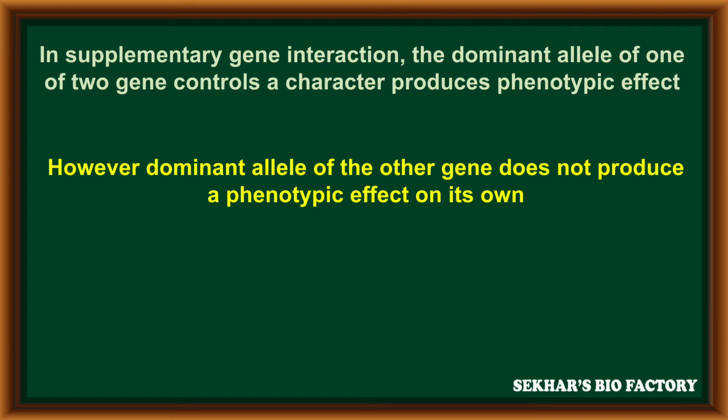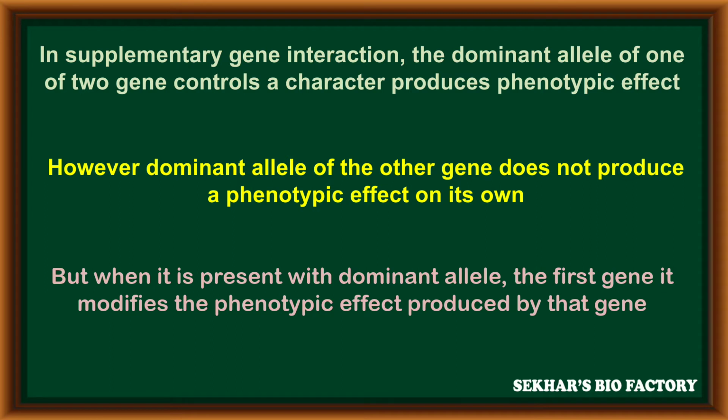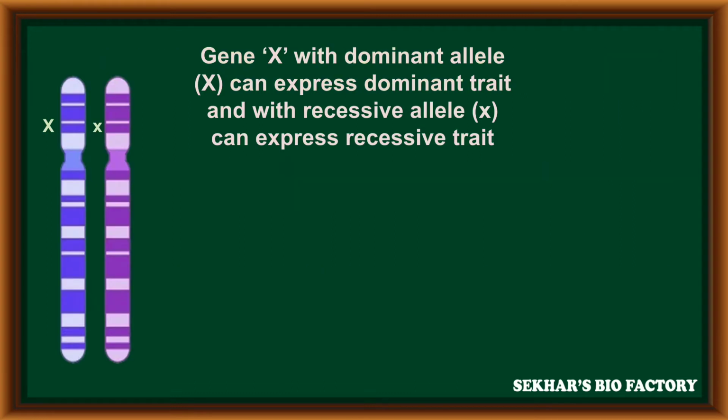However, the dominant allele of the other gene does not produce a phenotypic effect on its own. But when this gene is present with the dominant allele of the first gene, it modifies the phenotypic effect produced by that gene. So by taking one example, let us discuss how supplementary genes interact together.